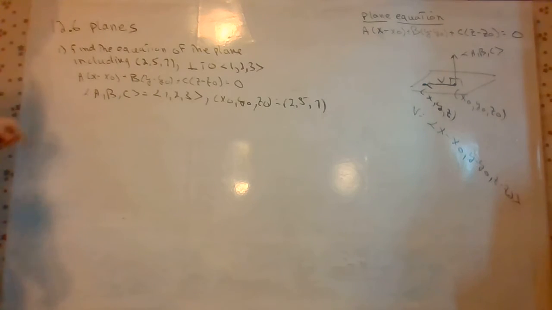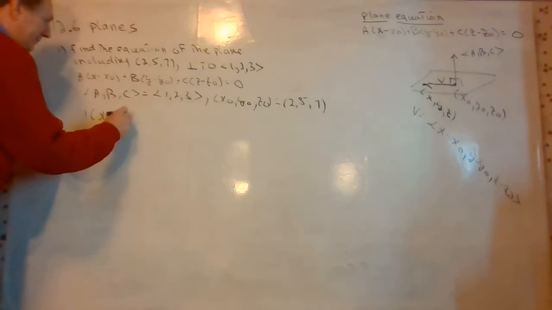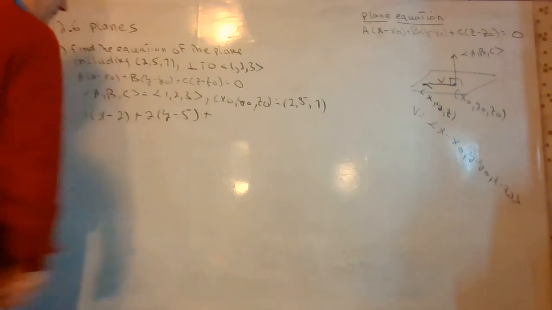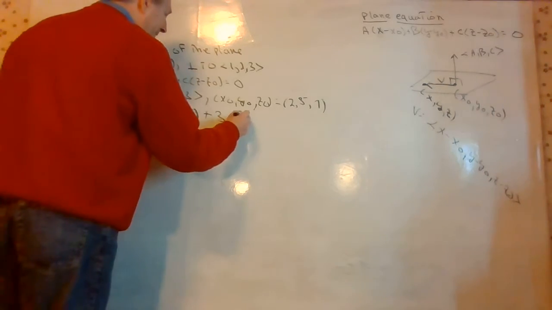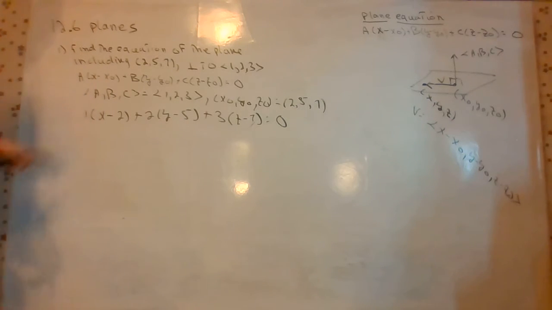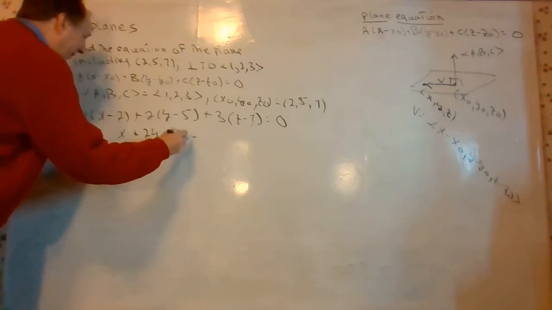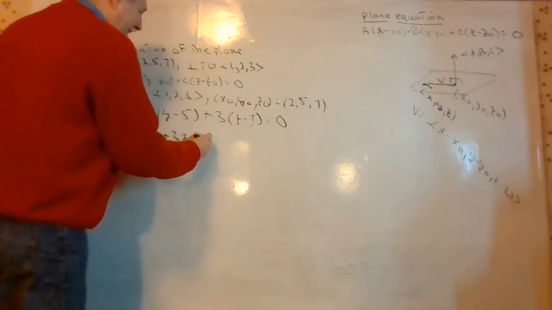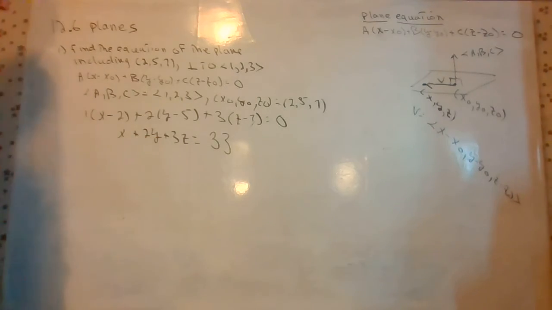And of course we're going to substitute: 1 times x minus 2 plus 2 times y minus 5 plus 3 times z minus 7 equals 0. Of course, you can do some algebra. You can write this as x plus 2y plus 3z equals negative 2, negative 10 is negative 12, negative 21 is, and we get 33. And that is the plane equation.